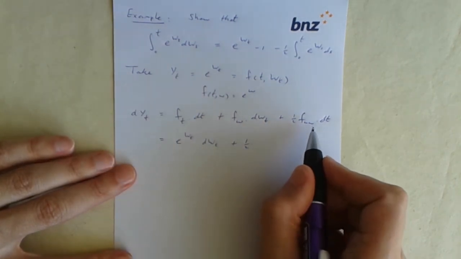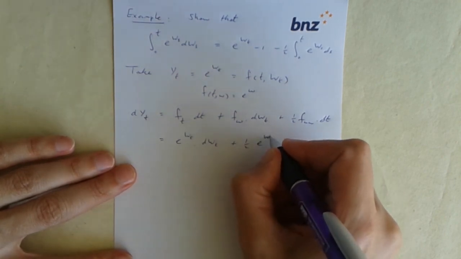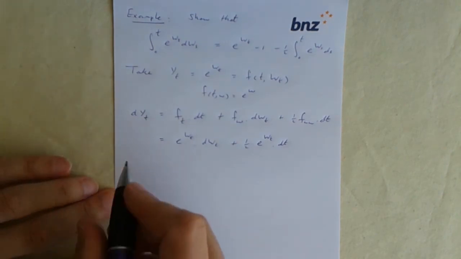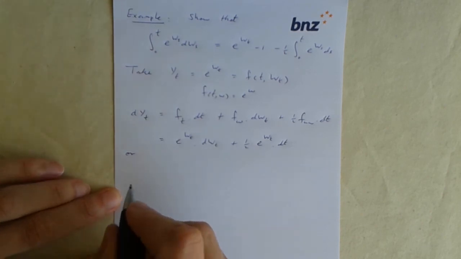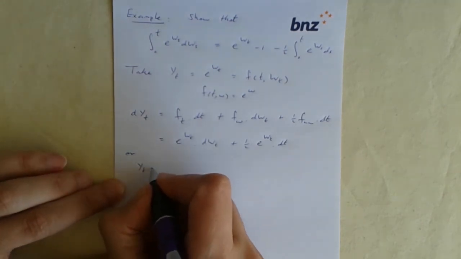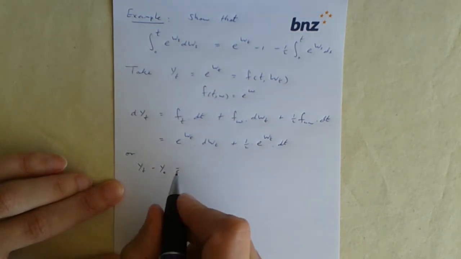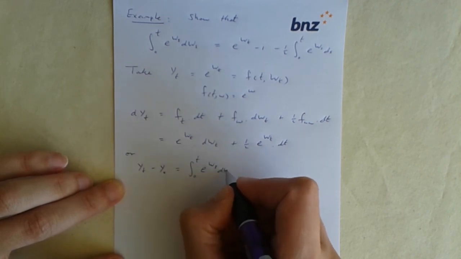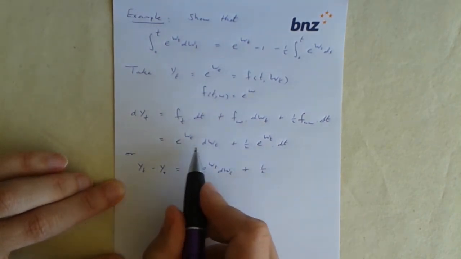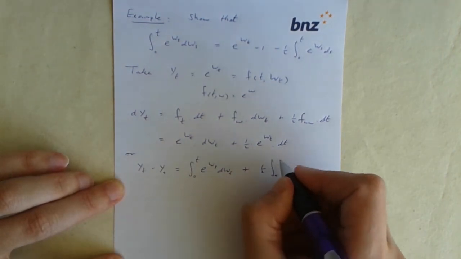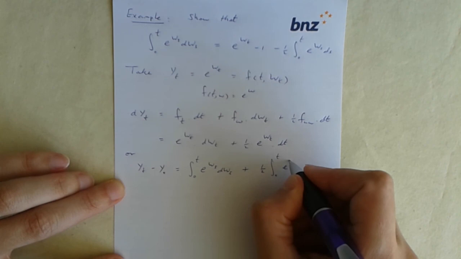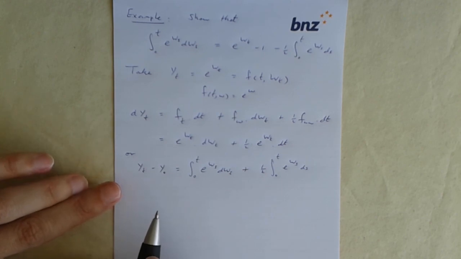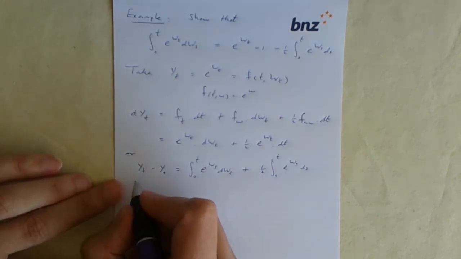And for fww, we just have e to the wt again. That's Ito's lemma, or put that into integral form. Yt minus y0 would be from that term, and from the other term we get an ordinary integral. And now it's just a matter of rearranging things a bit to get the required result.